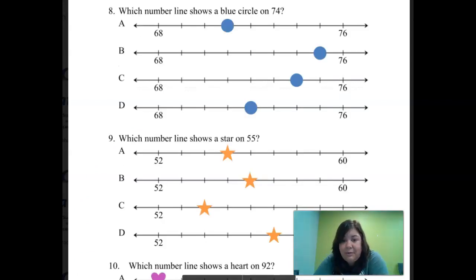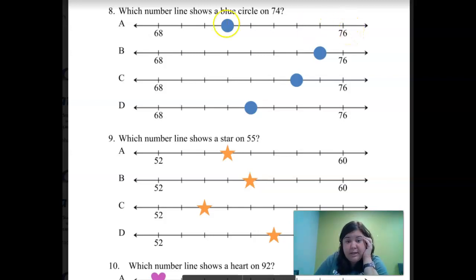The next section is similar, but instead of the question mark, we have blue dots and gold stars. So which of these lines, you're going to have to look at all the lines, shows the blue circle on 74? So all of our lines are the same. They all start with 68 and end with 76. Okay, and it wants to know where 74 is.